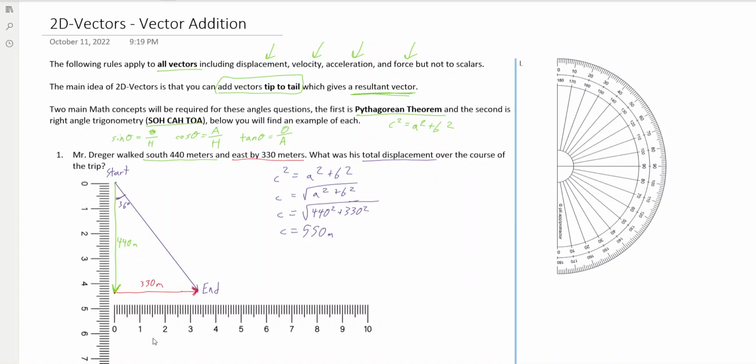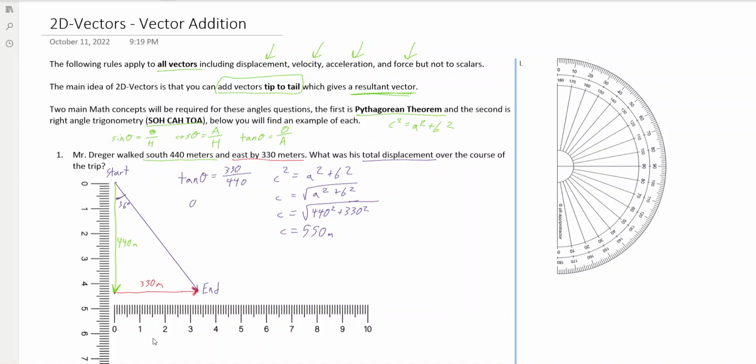Okay, now let's try to get the angle. Because it's a vector, vectors have both a direction and a magnitude, so we need to find that 36, but let's just do it the mathematical way. We can measure it, but we can also do it the mathematical way. So we have tan theta equals opposite over adjacent. Opposite is 330, adjacent is 440.